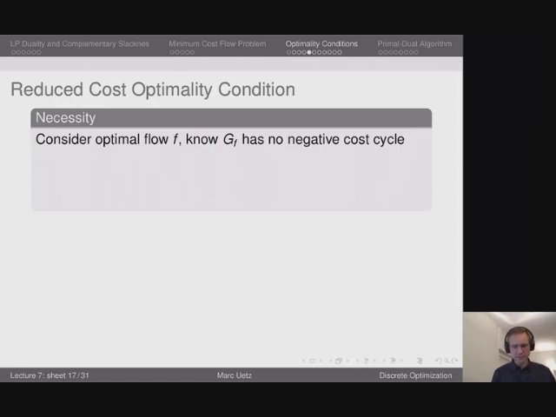So first, it's a necessary condition. That means when we have an optimal minimum cost flow, then we already know by our primal characterization, which I proved earlier, that the corresponding residual graph has no negative cost cycles. That means in this residual graph, we can compute shortest paths with respect to the costs, because there is no negative cost cycle, so that is well defined.